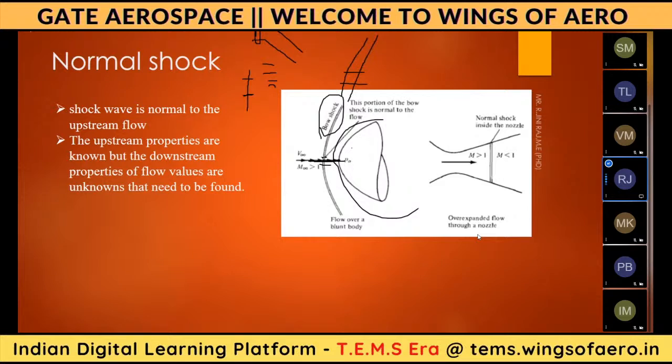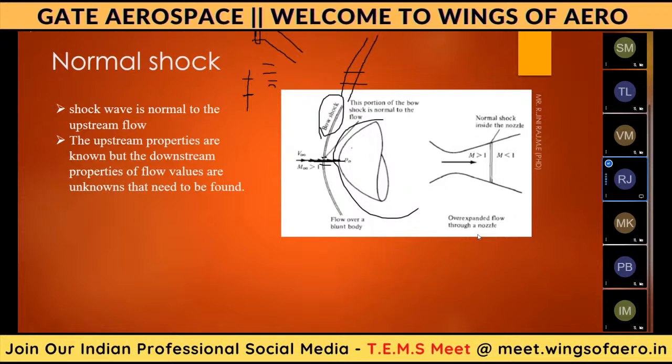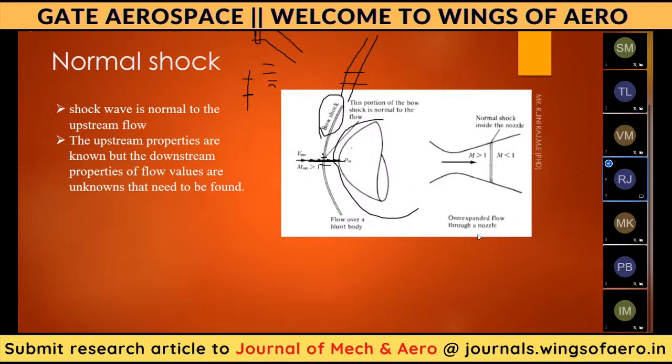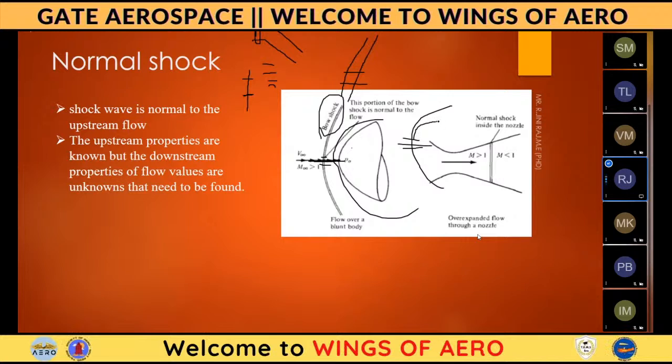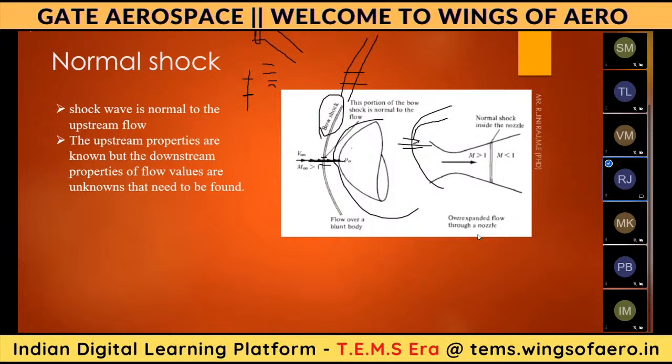If a shock is perpendicular to the axis line, then the shock is called a normal shock. So at the center region of the bow shock, along the flow direction, the shock will be a normal shock. After that it will become curved and become a bow shock. So here it will be a normal shock, here it will be a bow shock.